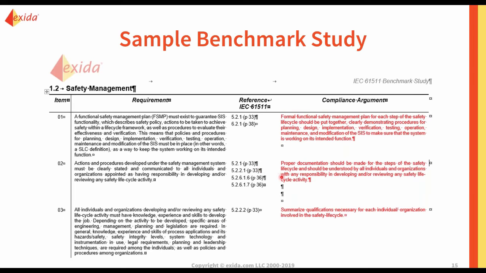If you look at a sample of that study, this is pulled from the safety management section, and we've got 3 of the requirements just pulled out here to look at. But the first one is the requirement that a functional safety management plan exists to really guarantee the correct SIS functionality, cover the safety policy, the actions that are taken to achieve safety within the life cycle framework, and also the procedures done for each of those life cycle tests.